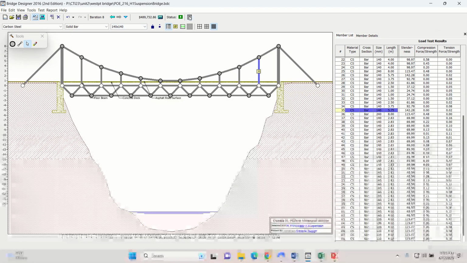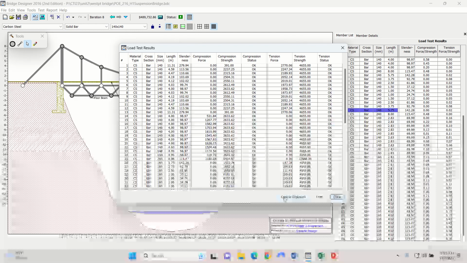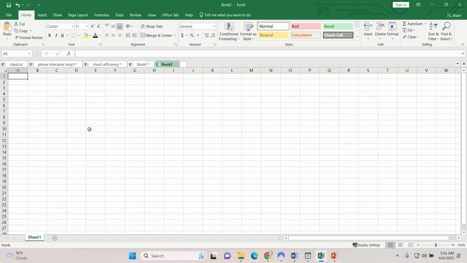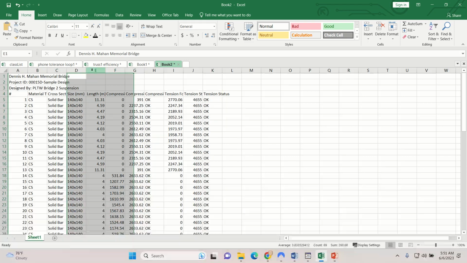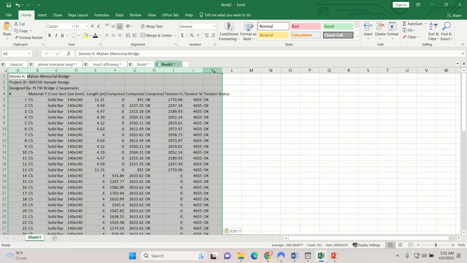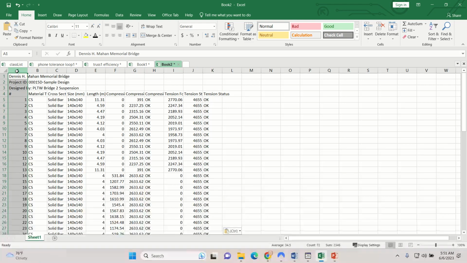Now I can click on this right here, my load results. I can copy this to clipboard, go to my spreadsheet where I have an empty one here, and paste it, Control V. To make things fit a little bit, let me highlight all of these, a little more.